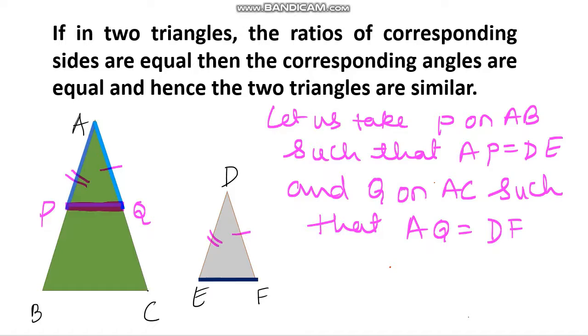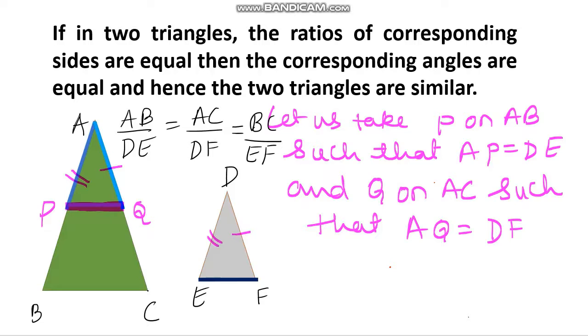Children, do you remember what was given to us? It was given AB by DE is equal to AC by DF and this is equal to BC by EF. So this was already given to us.